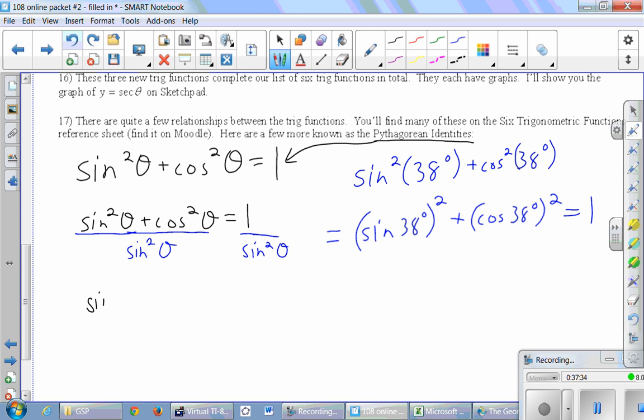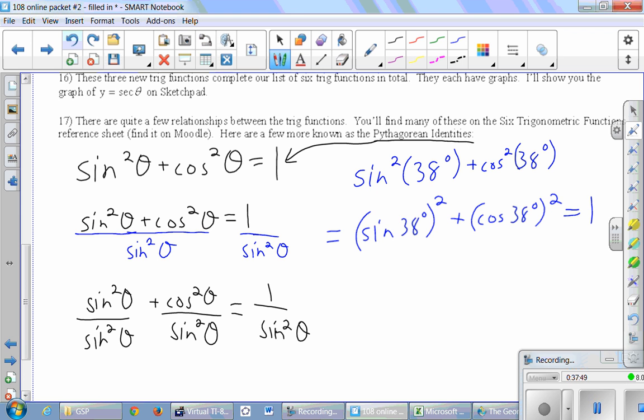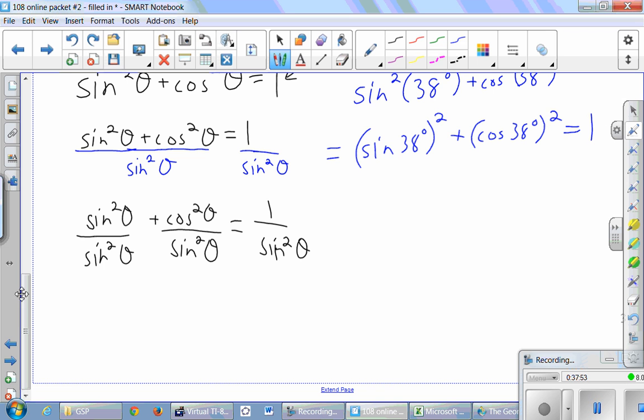We're going to say this is really sine squared plus cosine squared, each of them divided by its own copy of sine squared. And then over here, I'll just rewrite it, 1 over sine squared. Okay, so hopefully that rule about adding fractions is familiar, so this should be legitimate.